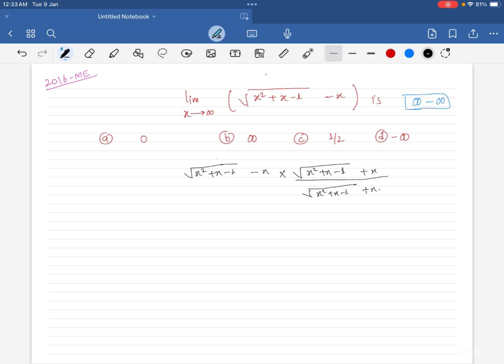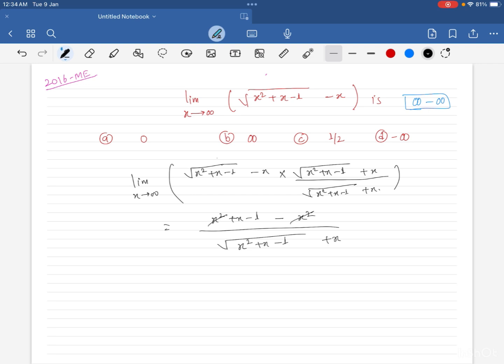This is what you are going to do, right? The limit x tends to infinity. Now do the calculation. What we will get is x squared plus x minus 1 minus x squared, divided by root over of x squared plus x minus 1 plus x.